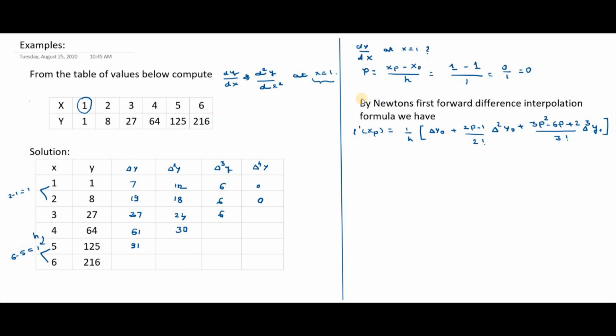I will write the formula only up to delta cube y naught because from the table the fourth difference value is equal to 0.